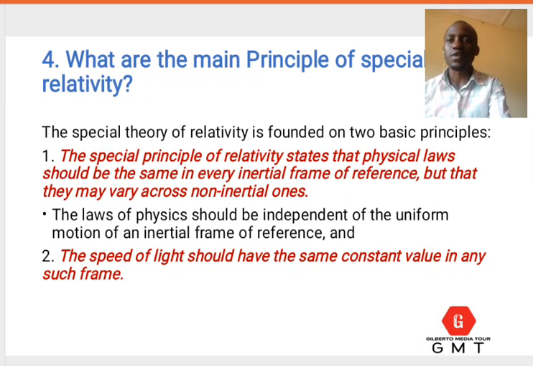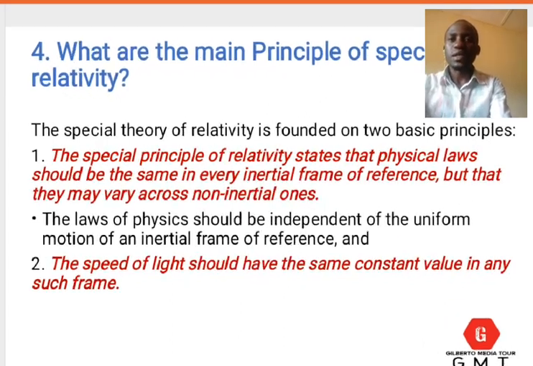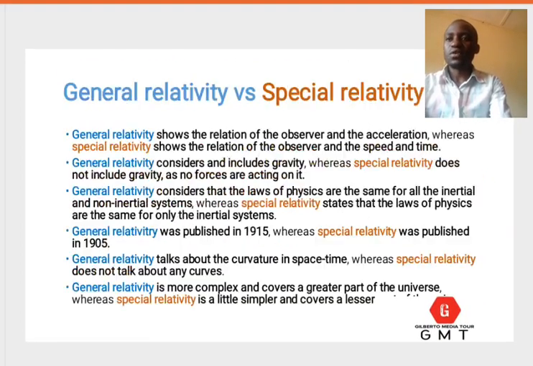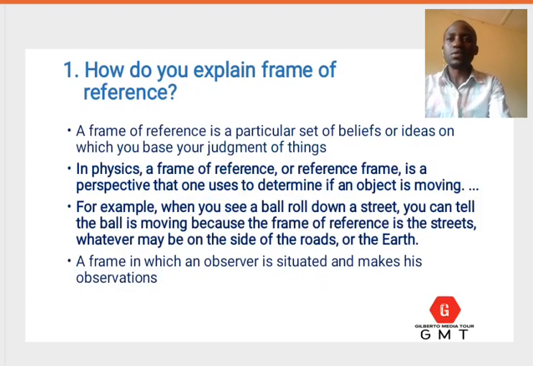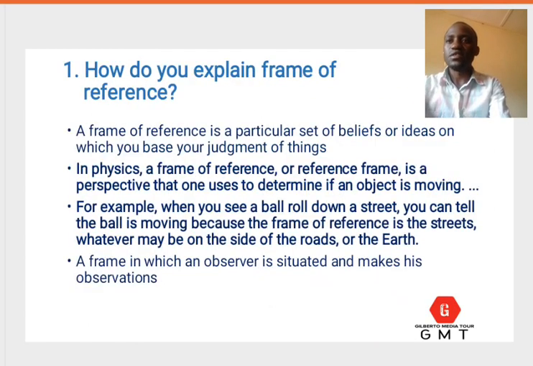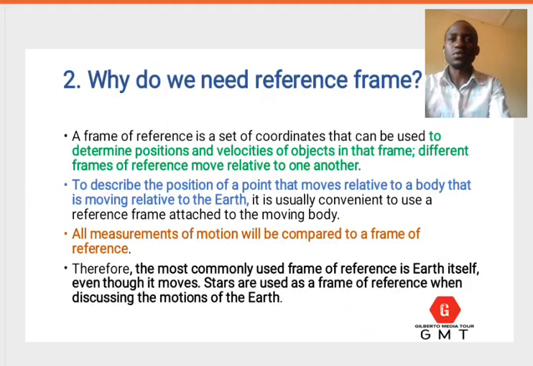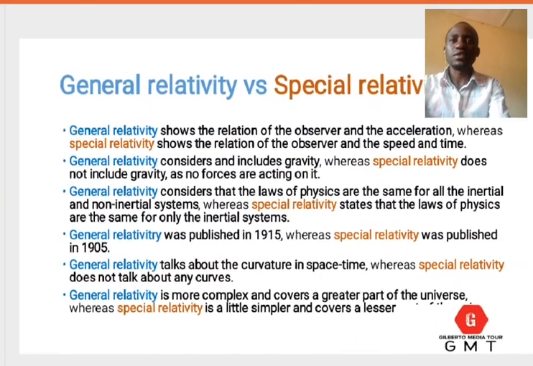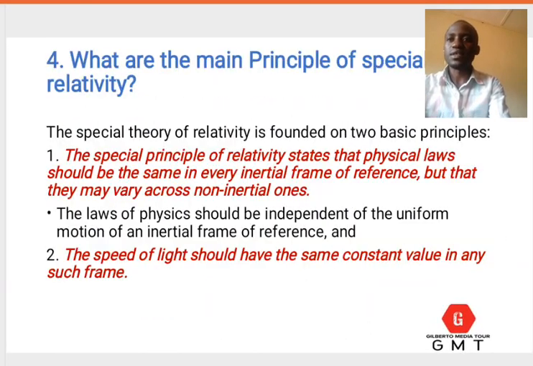Also, the speed of light has the same constant value in any frame, without depending on the observer who is measuring it. So these are the key points for the question, and they are very important to us.